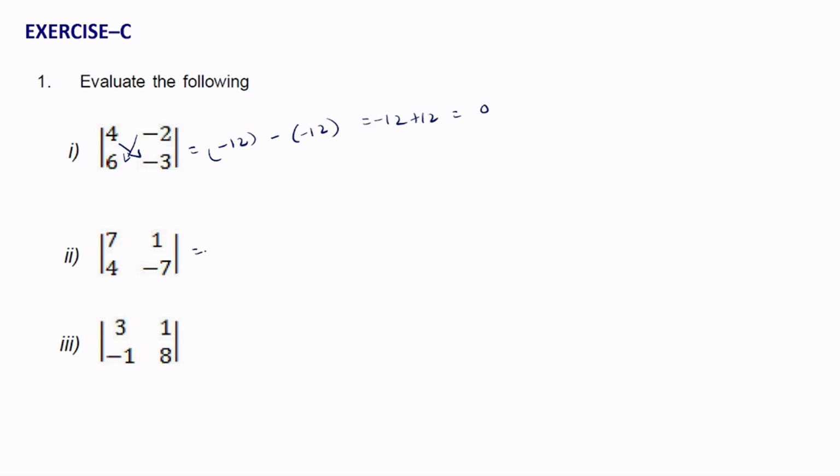Then the next question, determinant of 7, 1, 4, minus 7. So this is minus 7 into 7, minus 49, minus 1 into 4, 4. So it is minus 53. And next, determinant of 3, 1, minus 1, 8. So it is 8 into 3, 24, minus of minus 1, plus 1. So it is 25.